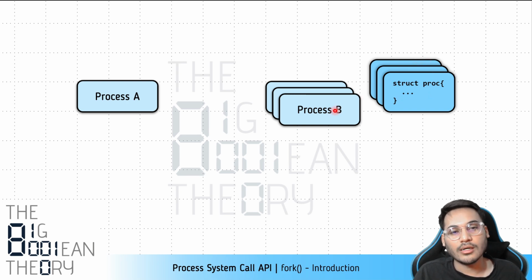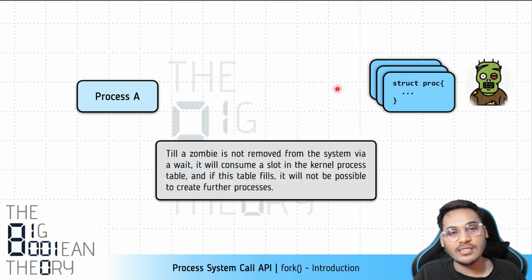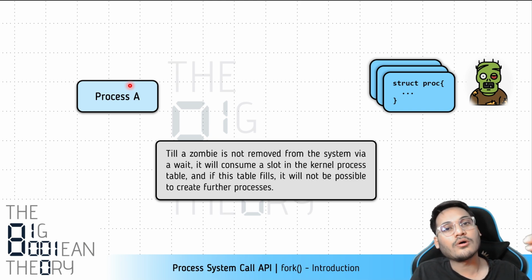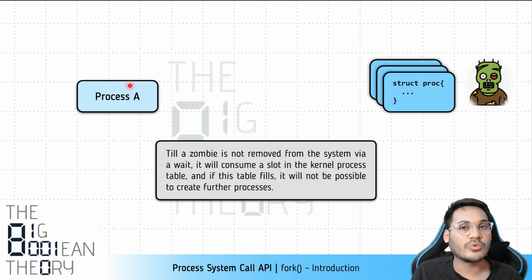Let's say these processes terminate, but process A, the parent process, has not called wait. When children processes terminate, and the parent has not called wait on them, then they become zombie processes. In zombie processes, there is no process in the system. All of the resources have been deallocated, but the kernel maintains a minimal amount of information about these children processes in the process control blocks.